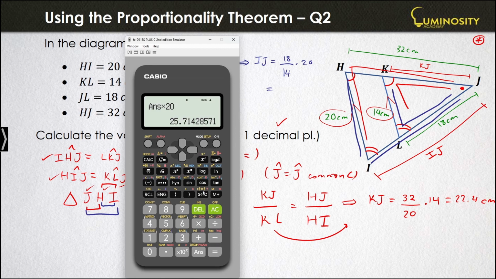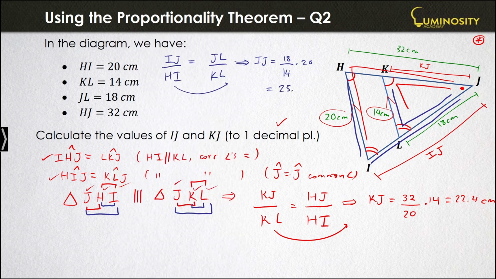So I get 25.714, and so on, but to one decimal place, that's going to be 25.7. Okay, 25.7 centimeters. All right, so we've successfully found the length of IJ, which was 25.7 centimeters, and we found the length of KJ, and KJ was 22.4 centimeters to one decimal place.